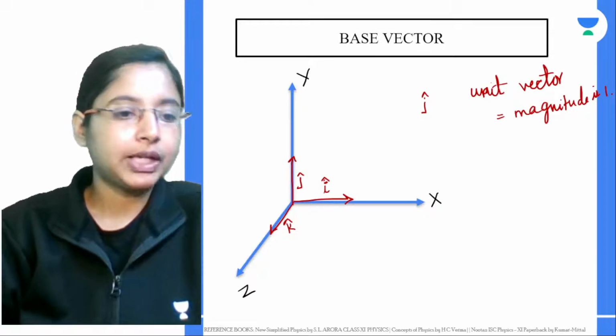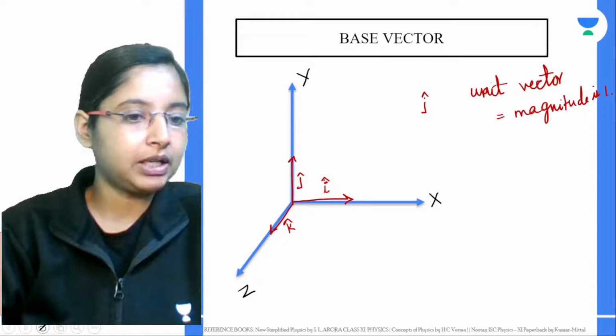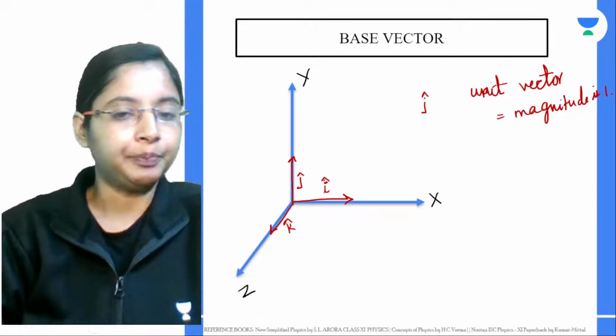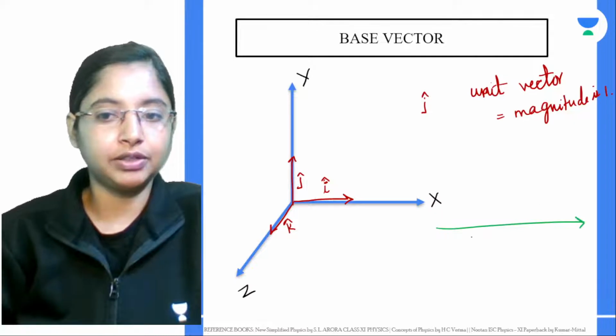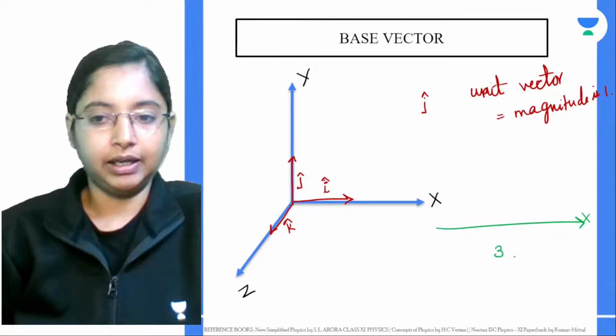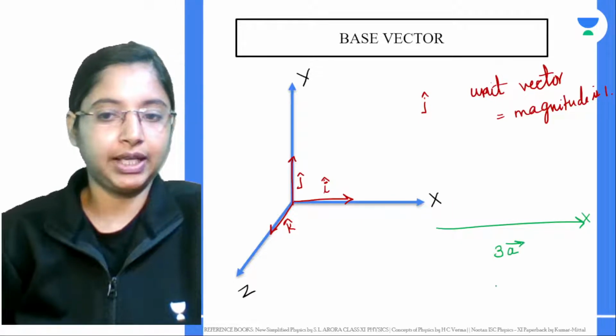You will be learning more about it in your math classes. But for example, let's say this vector that you're seeing over here is in the x direction, and let's say this vector is around 3. Let's say this is 3a vector, a vector whose magnitude is around 3.